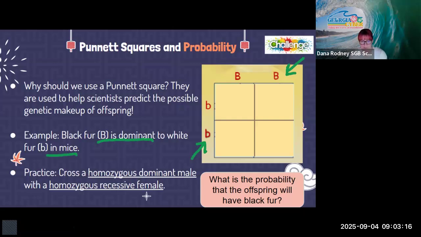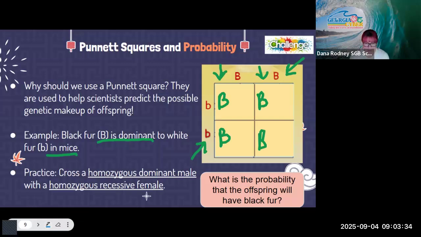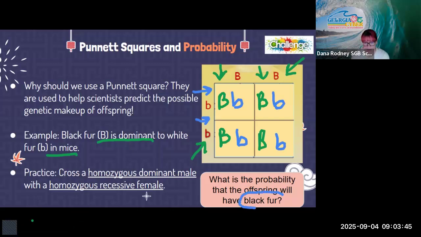I'm going to toss that question in and let you answer it, and then we're going to see what the answer is. So remember, we're going to bring our top letters down. So capital B, capital B, capital B, capital B, and then we are going to bring our side letters across, lowercase b, lowercase b, lowercase b, lowercase b. So if you got a 100% chance of having black fur, you would be correct.